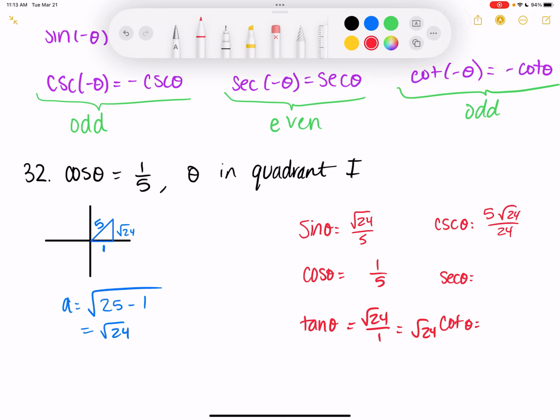Secant, 5. And then cotangent, yep, square root of 24 over 24. So it would be 1 over the square root of 24, so you have to rationalize it. That's how we get there.